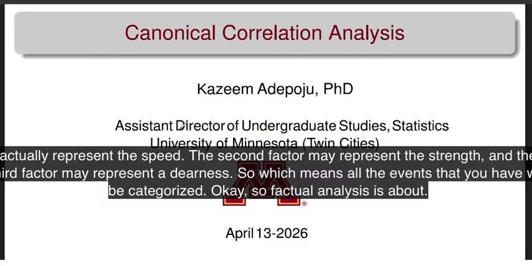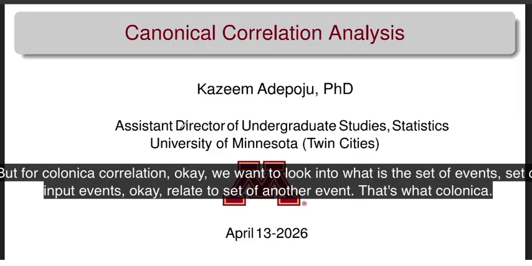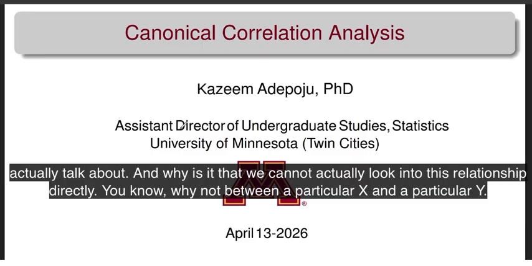So all the events that you have will be categorized. Factor analysis is about grouping the original features based on the underlying factors you have identified. But for canonical correlation, we want to look at how a set of input events relates to another set of events. That's what canonical correlation is about.